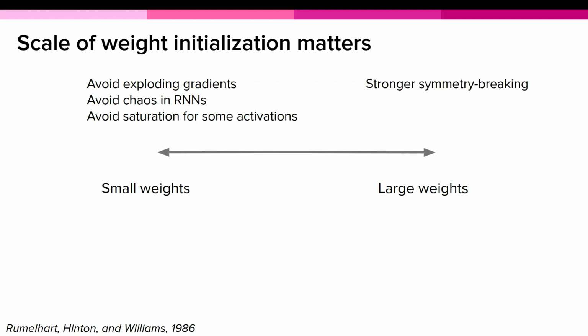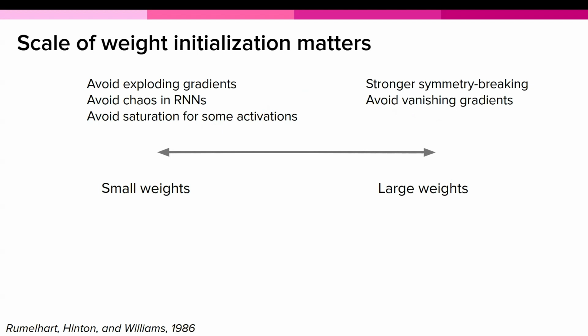On the other hand, we might want large weights to have a strong symmetry breaking effect, and also to avoid the vanishing gradient problem. Vanishing gradients happen with very small weights. Signals can become too weak as they propagate through each layer, especially in deep networks. This can cause gradients to diminish to nearly zero, making it difficult for the network to update the parameters effectively.